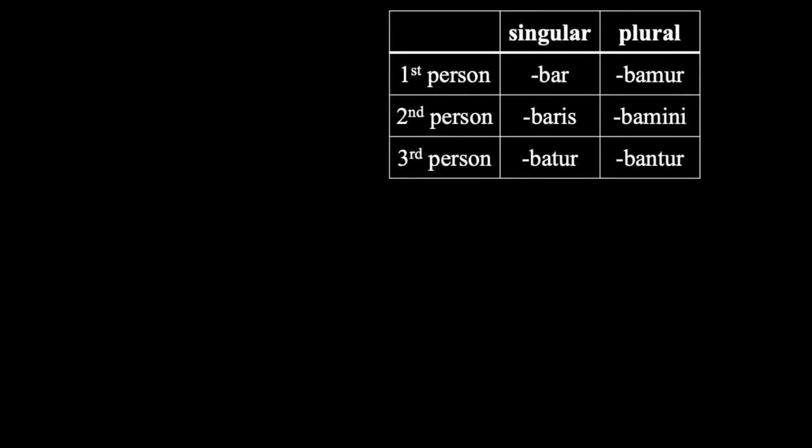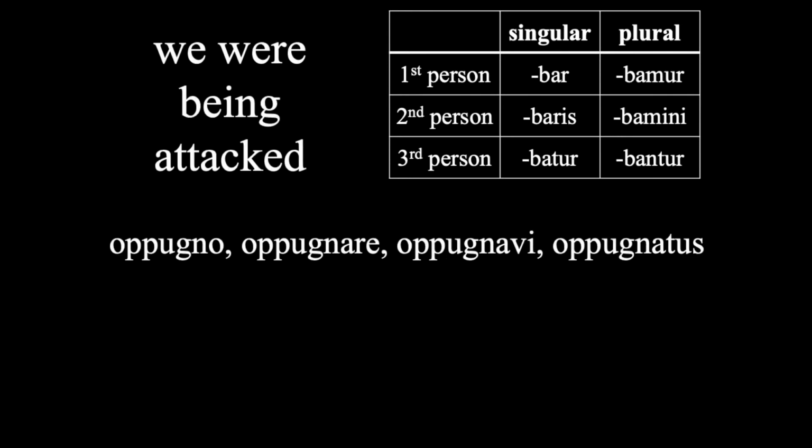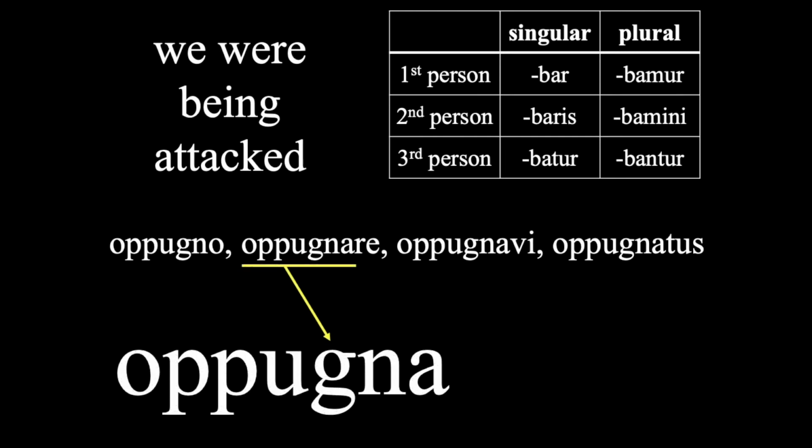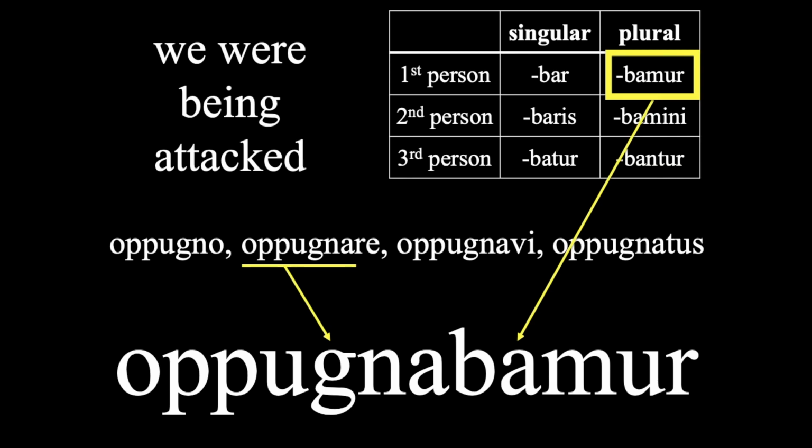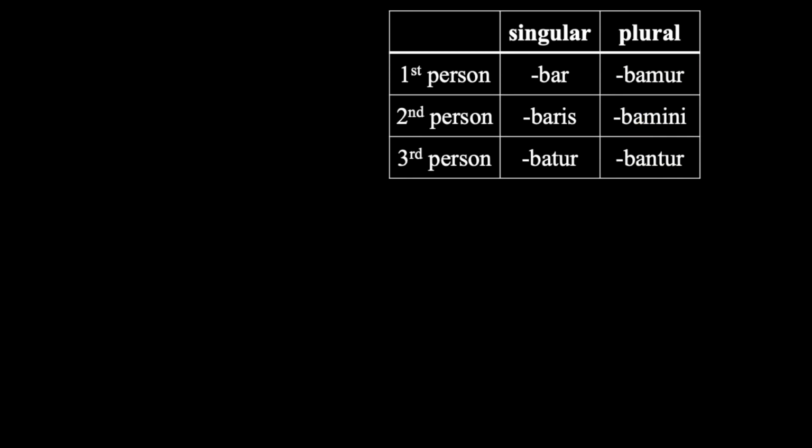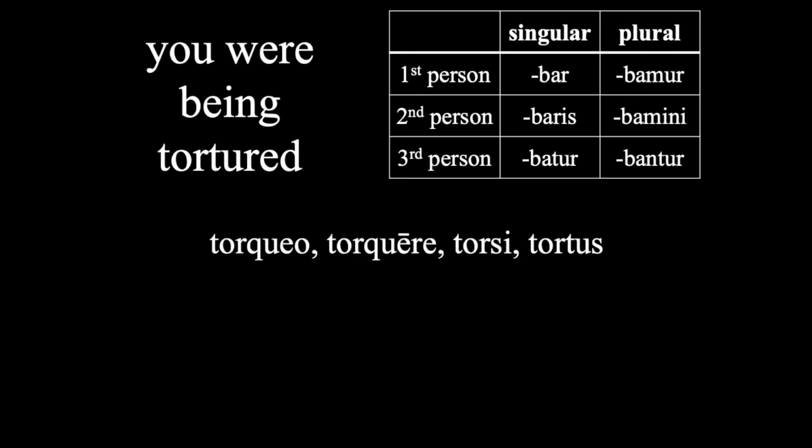Okay, now let's just see a few examples to make sure that everything is clear. We have our endings here, and we'll start with we were being attacked. We'll use the verb oppugnare. So we drop the RE to get our stem, and then we add the first person plural ending, and we get oppugnabamur. We were being attacked. Next, you were being tortured.